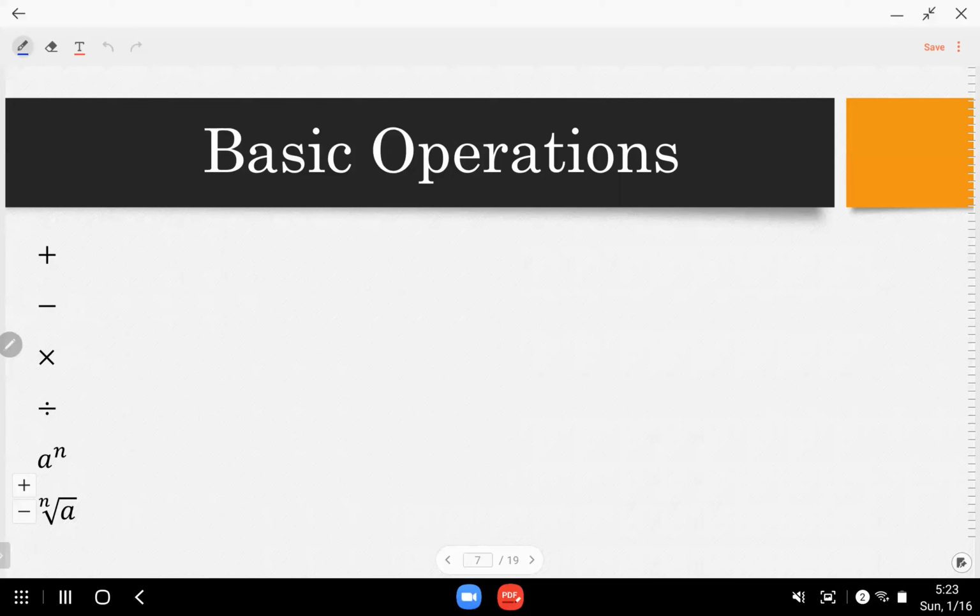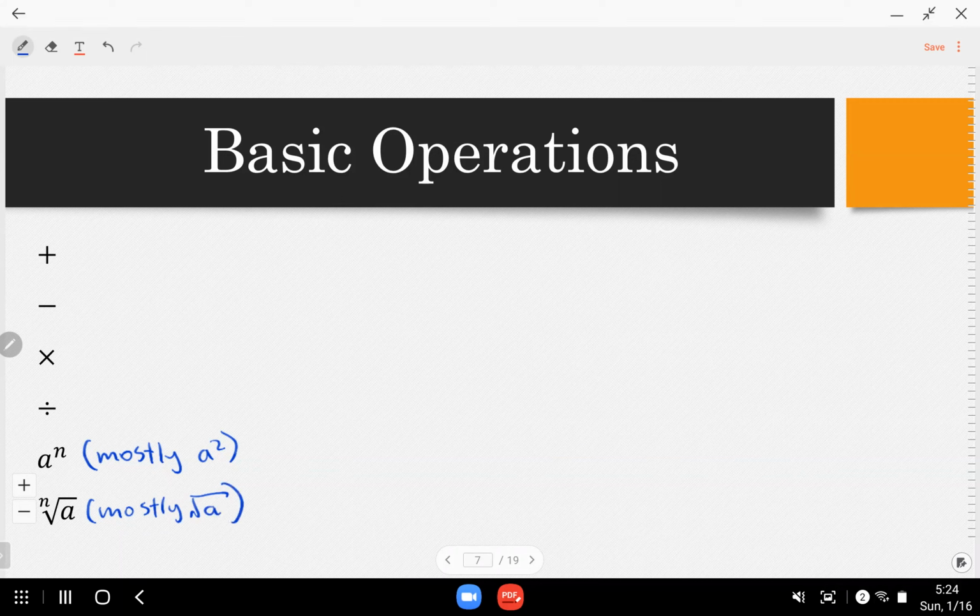For our basic operations, we have addition, which you all know, subtraction, multiplication, division, and then exponents, a to the n, and the nth root of a. These two are new, but we're mostly going to be using a squared and the square root of a.